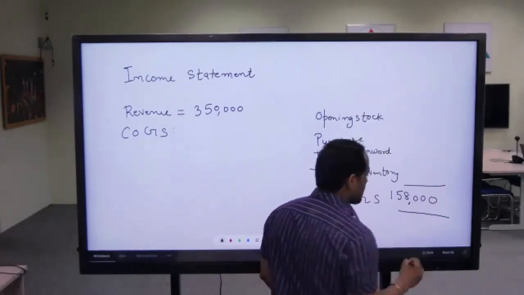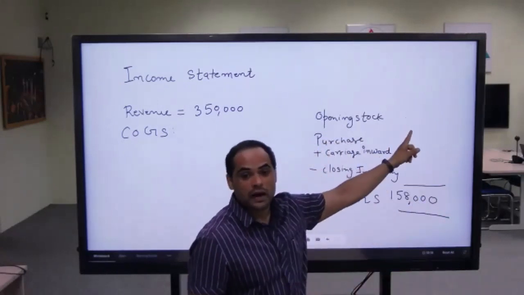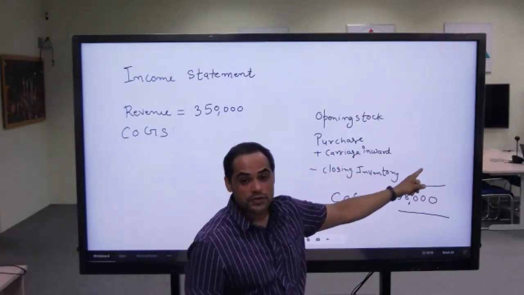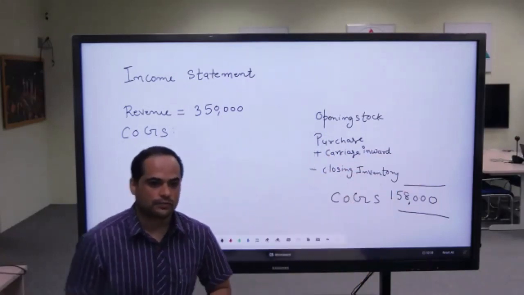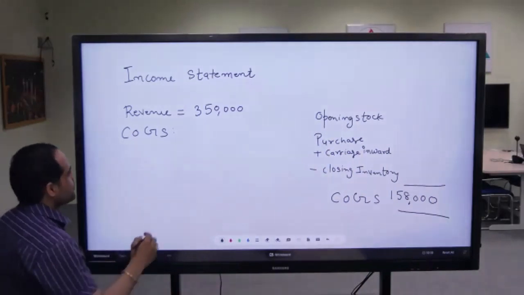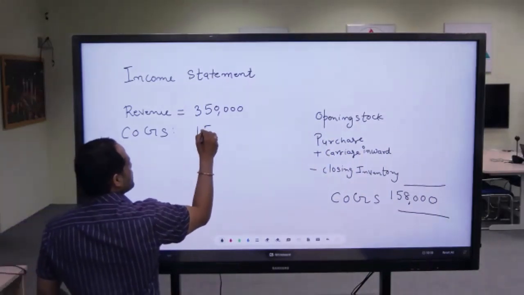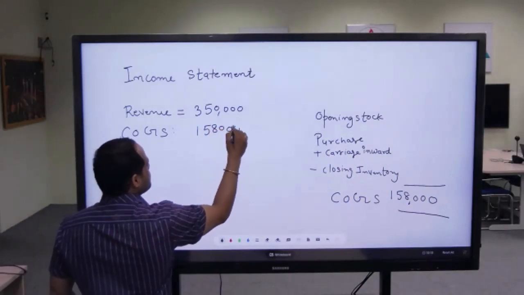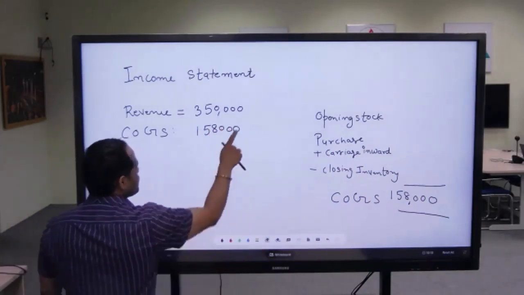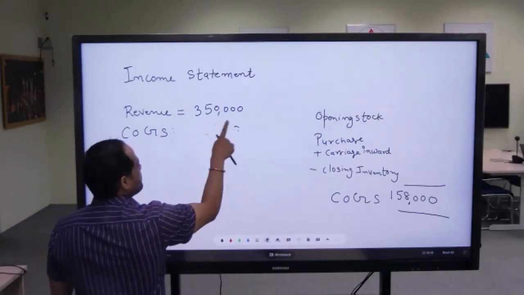You will calculate by yourself. You will find these numbers by yourself. That is your cost of goods sold, 158,000.